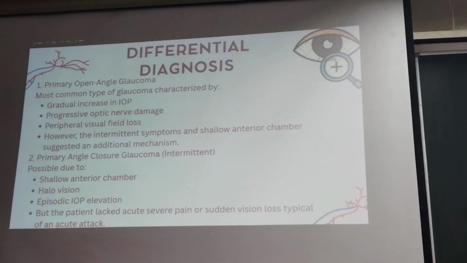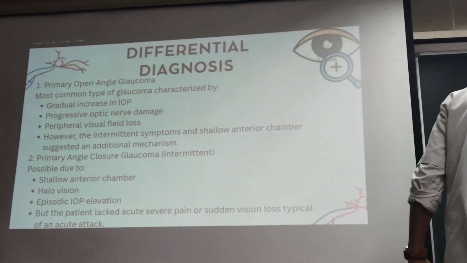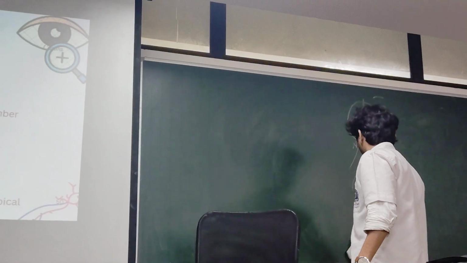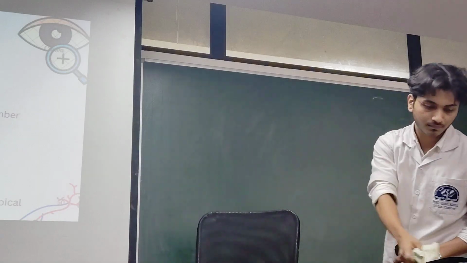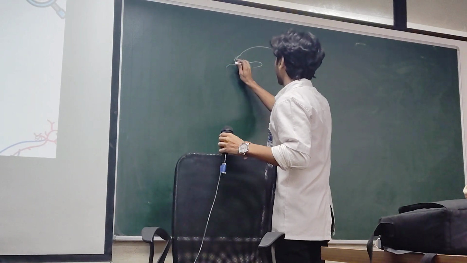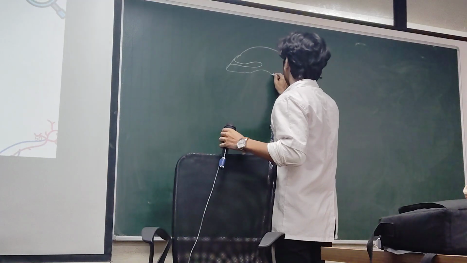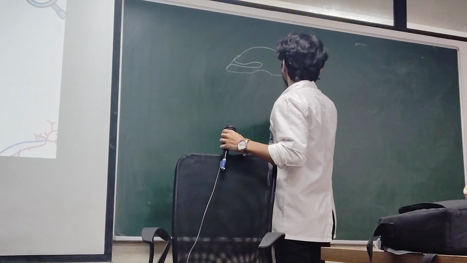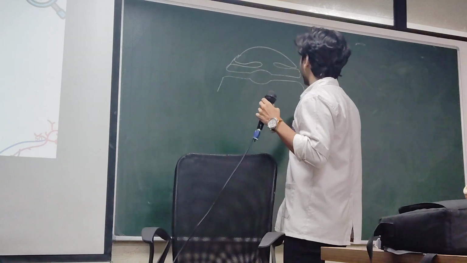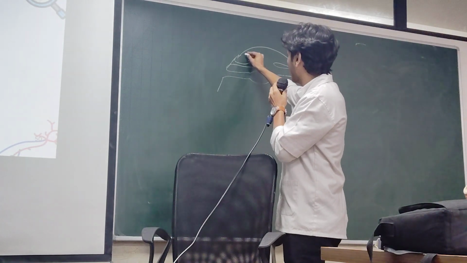So what do we mean by the angle right here? In primary open-angle glaucoma, the angle we are talking about is the angle between the cornea and the iris.